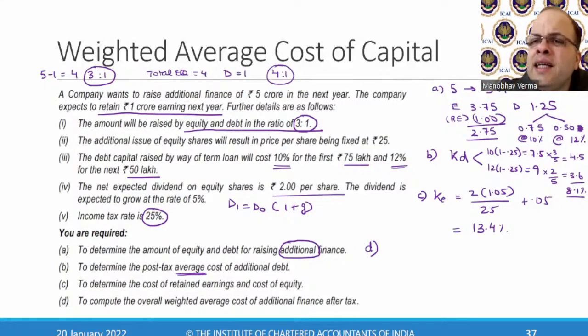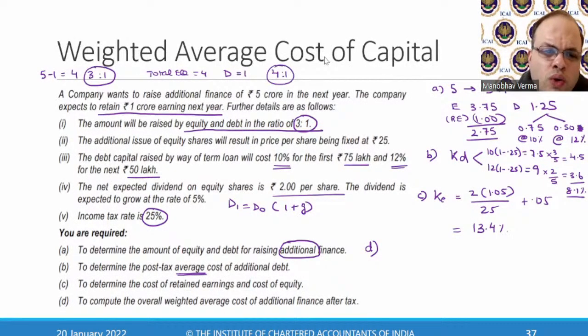Okay, guys, let's come to question number D then. To compute the overall weighted average cost of additional finance after tax. Now, I think that is pretty simple, but let's jot down what we have here. How many overall sources of capital do we have?